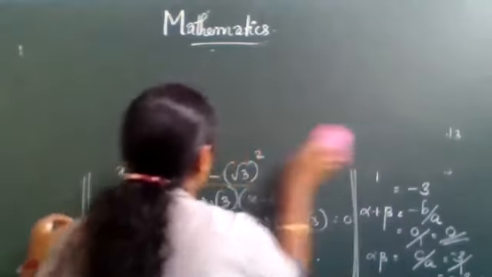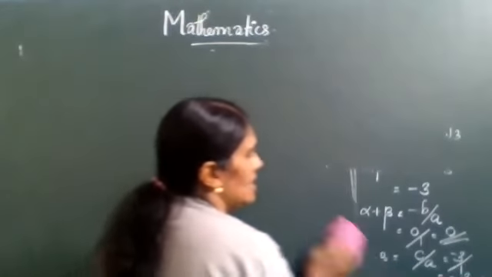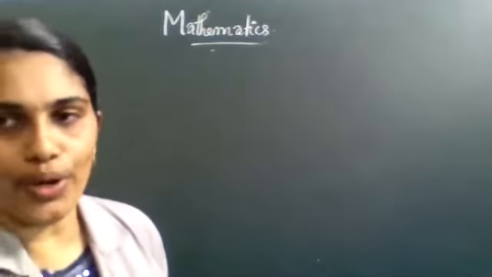Okay, the next section is the relationship between the zeros and coefficients of a cubic polynomial.